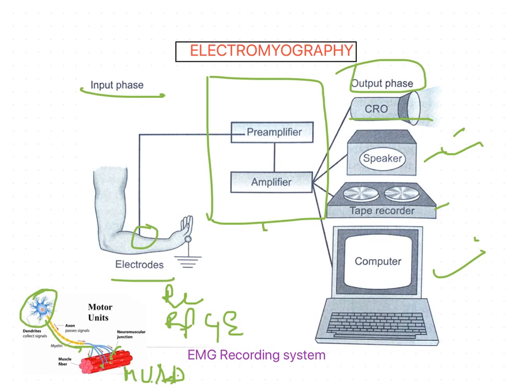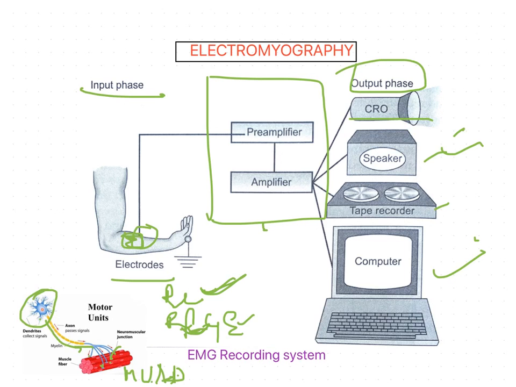In the monopolar technique, the electrode placement is like this: the recording electrode is placed over the muscle belly, and the second electrode, the surface or reference electrode, is placed over the skin near the site of insertion.